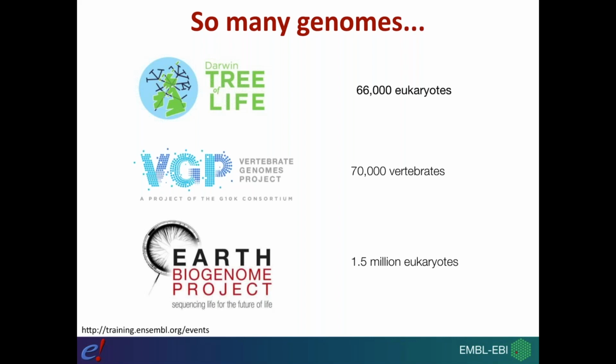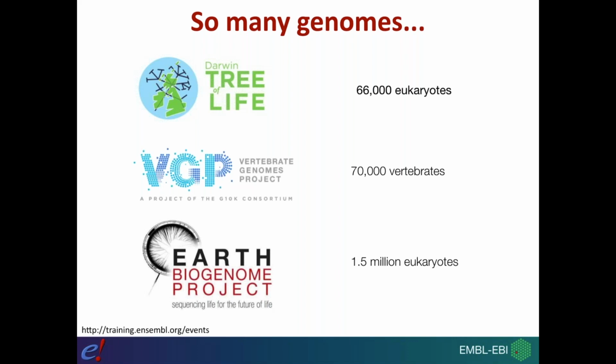Then we have the VGP, the Vertebrate Genomes Project. That's aiming to sequence the genome of every single vertebrate species on the planet. So that's around about 70,000 species that are going to have their genomes sequenced and then hopefully loaded into the Ensembl databases.